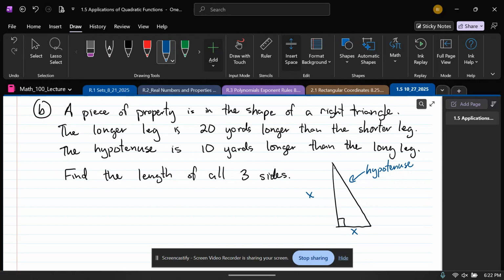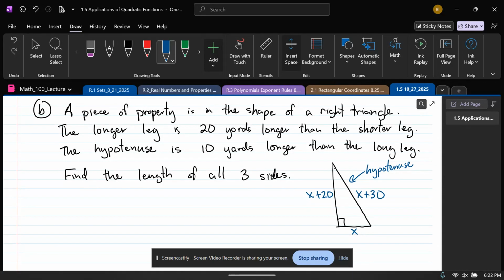Not 20 times longer, 20 yards longer. Yeah, X plus 20. Now here's the tricky part on this one. What do I put for the length of the hypotenuse if it's 10 yards longer than the long leg? Yeah, very good. X plus 30.